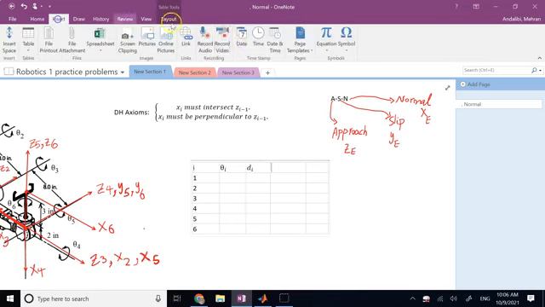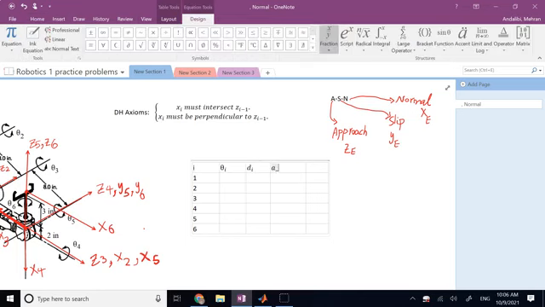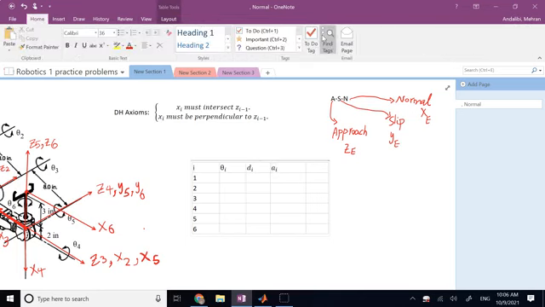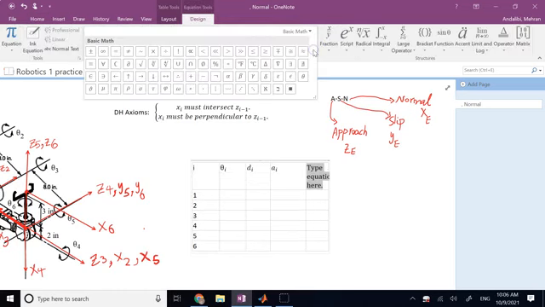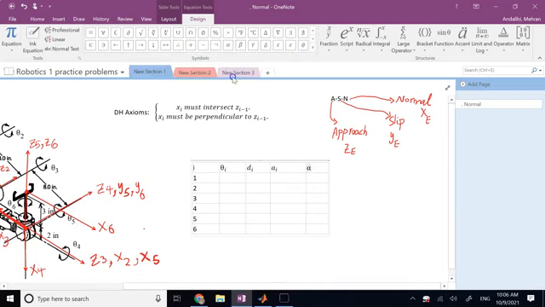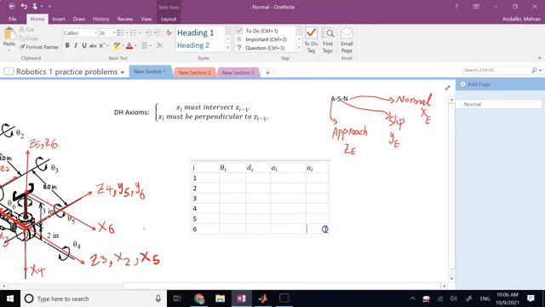Then we have A, and then we have alpha. Okay. So the meaning of these guys are clear, but I'm going to explain them for you one more time if you forgot.